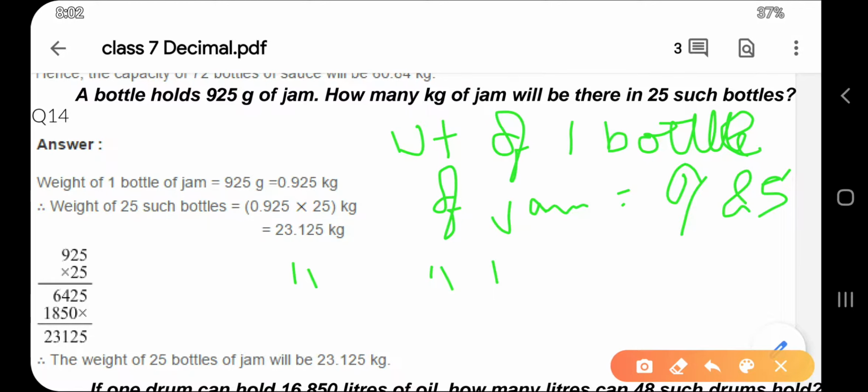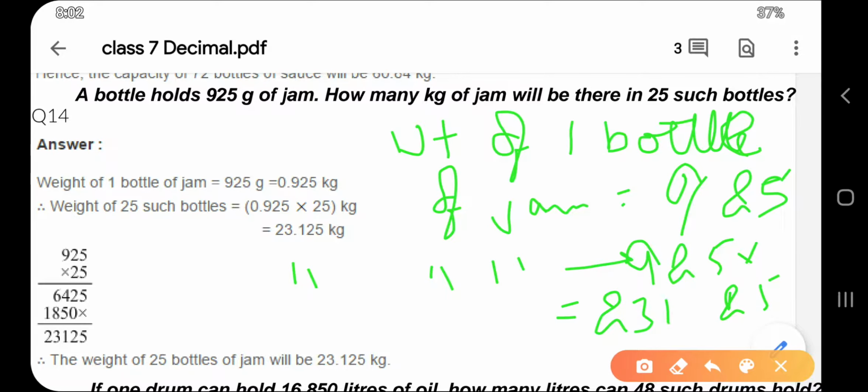You have to write the statement, because I'm just not writing it, you will write it. 925 multiplied by 25 gives 23125, and now this is in gram, and to convert gram to kilogram we need to divide it by 1000.